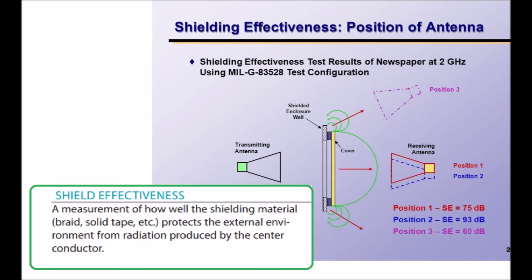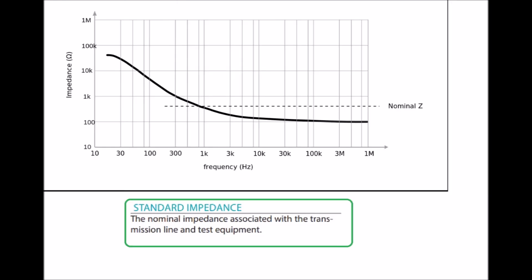Shield effectiveness. A measure of how well the shielding material, braid, solid tape, etc., protects the external environment from radiation produced by the center conductor. Standard impedance. The nominal impedance associated with the transmission line and test equipment.